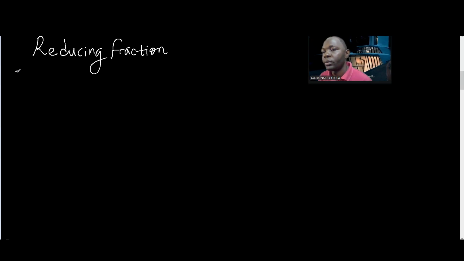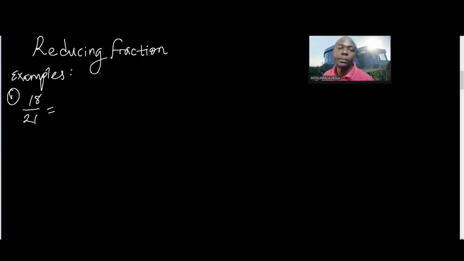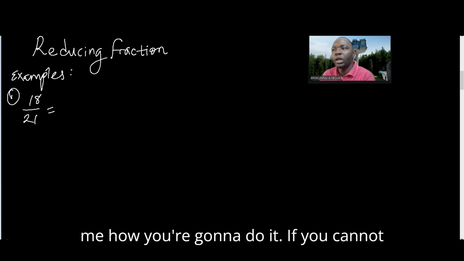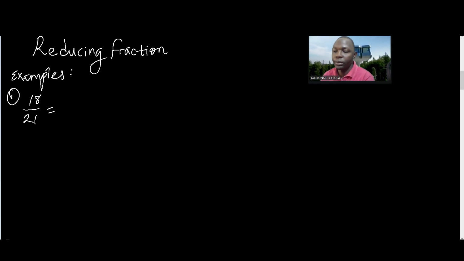So, for example, 18 over 21. Can you reduce it to simplest form? How can you do it? If you can do it, tell me how you're going to do it. If you cannot do it, tell me I don't know how to do it.